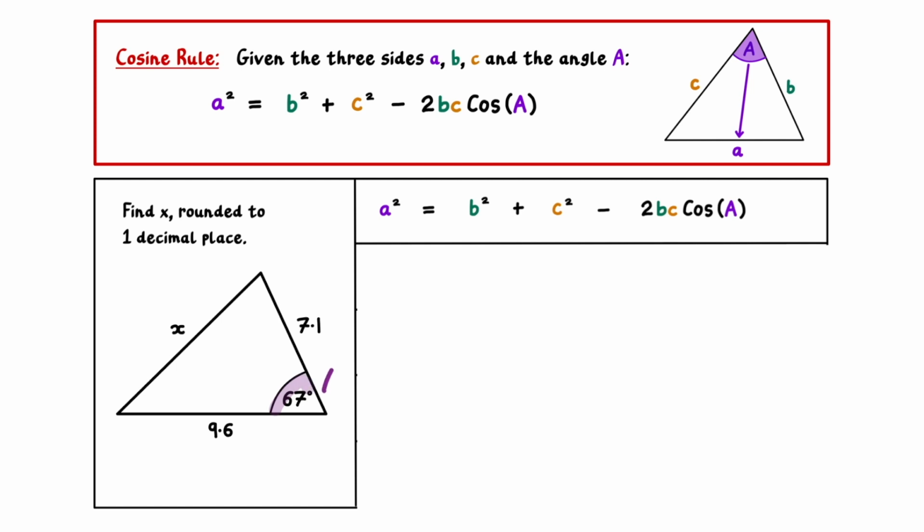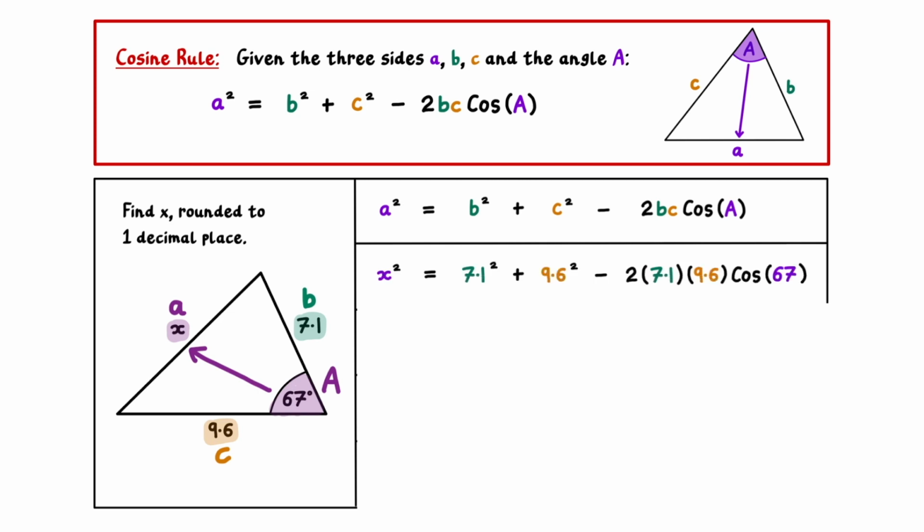We label the angle as capital A and the side across it as lowercase a. The other two sides get labelled with B and C. Here we have a equal to x, b equal to 7.1, c equal to 9.6, and capital A equal to 67.